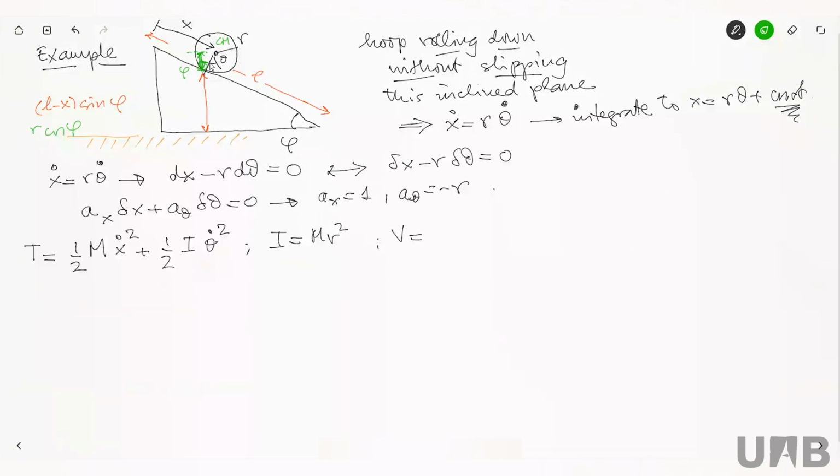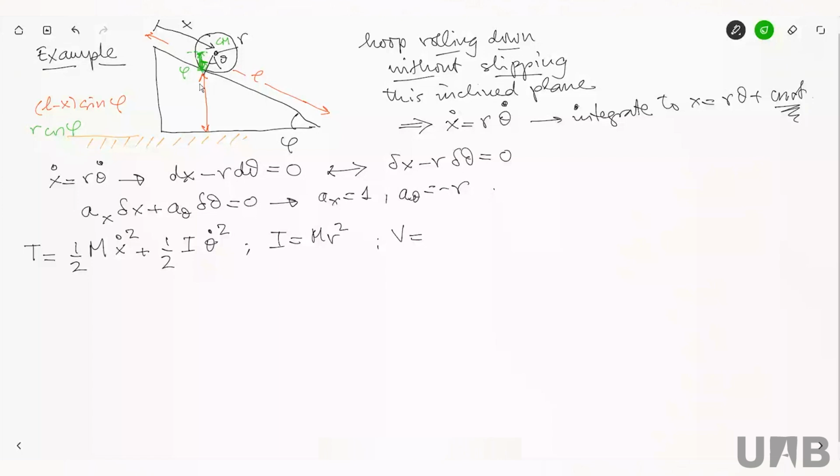But notice one thing. Does the green part change if the hoop is up here or the hoop is down there? No. It's the same, right? And this is what this formula tells you. r is fixed for a hoop of radius r, and phi is also fixed for an inclined plane of angle phi. So the green part is a constant.